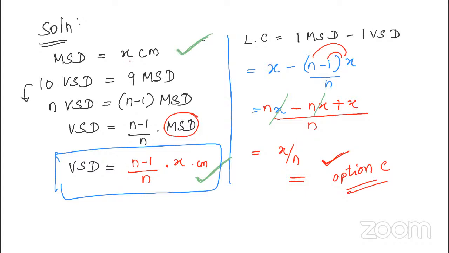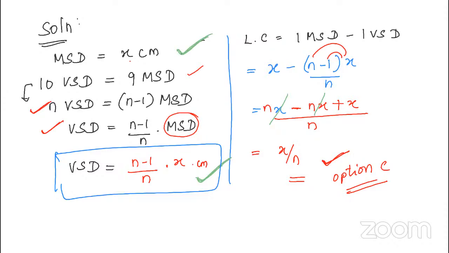Then we want the value, 10 VSD is equal to 9 MSD. The VSD value formulation is N VSD is equal to n minus 1 into MSD.